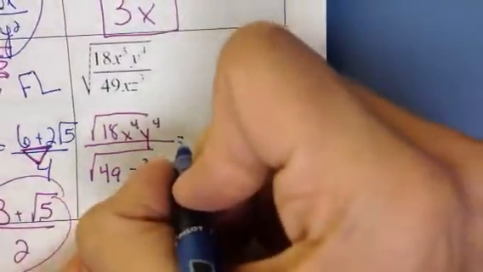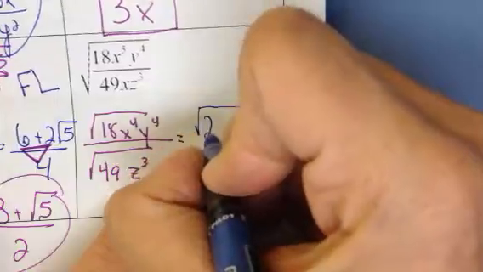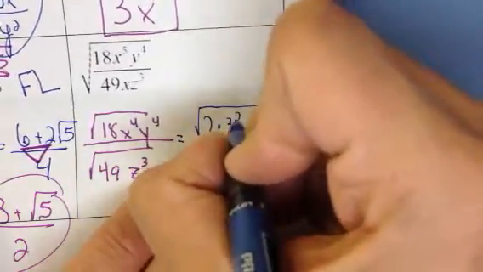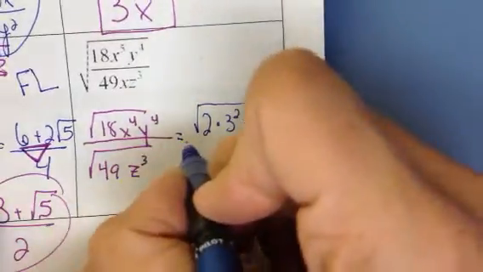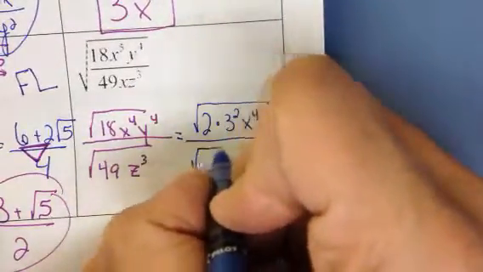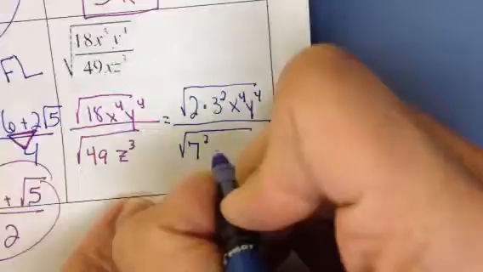After I do that, I'm going to make a factor tree of 18 and 49. So 18, when I'm done with factor tree, becomes 2 and 3 squared, along with the stuff that's already there. And 49, when it's a factor tree, becomes 7 squared.